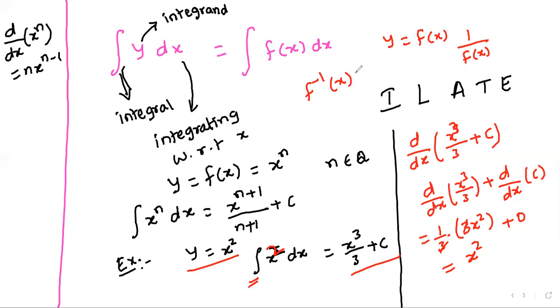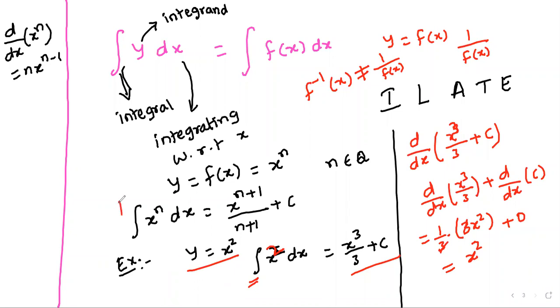Not every function has f inverse of x equal to 1 by f of x. It will be different; only in multiplication it will be the same. So both are opposite.